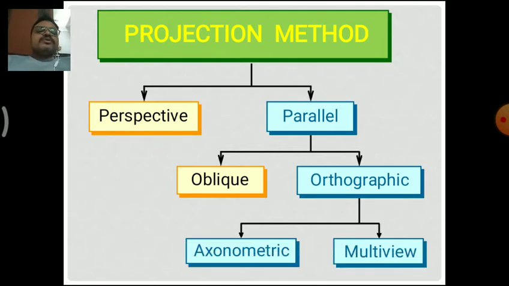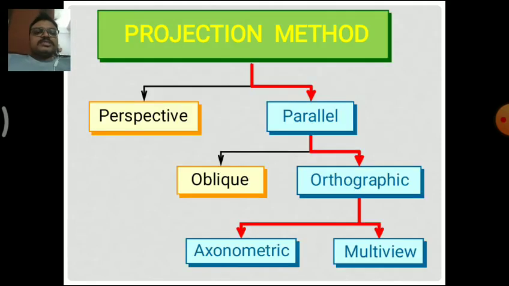Going to the orthographic projection, there are axonometric view and multi-view. So we are following only the parallel method first of all, then the orthographic method, and lastly the axonometric and multi-view methods are the projection methods we are going to discuss in engineering drawing.